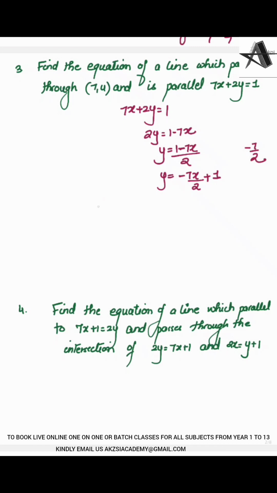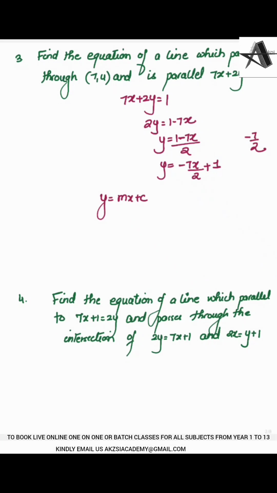So the equation of the line which we have to calculate is y equals mx plus c, where the gradient is negative 7 over 2. So we have y equals minus 7 over 2 x plus c. Now I just need to put the value of x as 7 and y as 4.